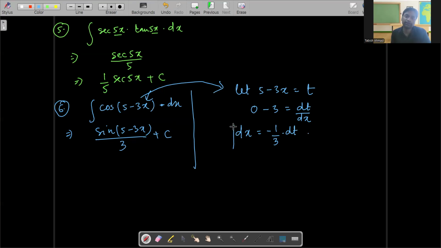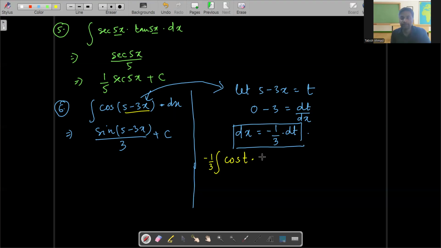Okay, so this is our dx, and I will put this dx in the integration. So our integration will become the integration of cos t, since 5 minus 3x is our t, and dx is minus 1 by 3 dt. So minus 1 by 3 will come out.